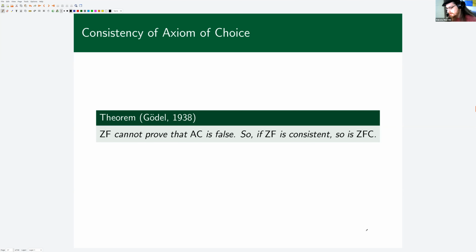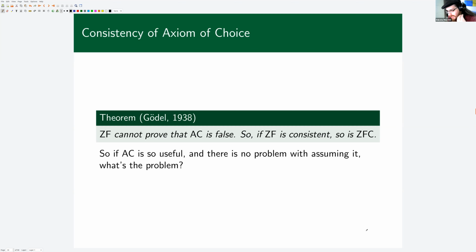But if you believe it is, then you shouldn't have any philosophical issues, at least from a provability standpoint, in assuming choice as well. Okay, and we'll come back to this near the end.